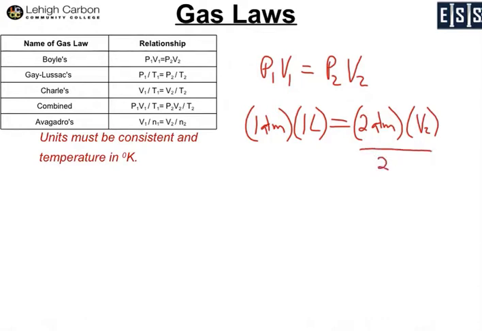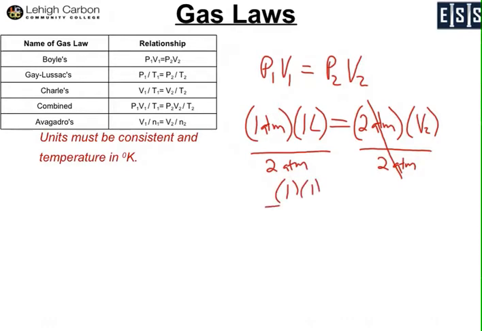You should be able to realize if you divide both sides by 2 atmospheres, these cancel out. So you're going to have 1 times 1 divided by 2 is equal to your V2, and that's just 0.5 liters as your resultant second volume.